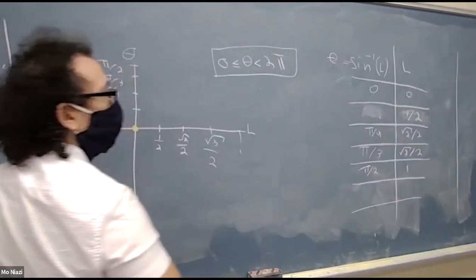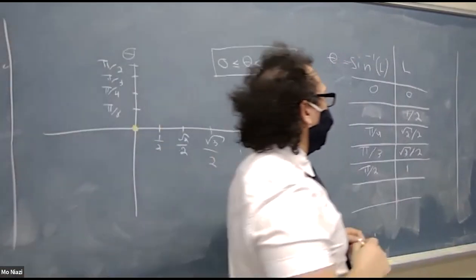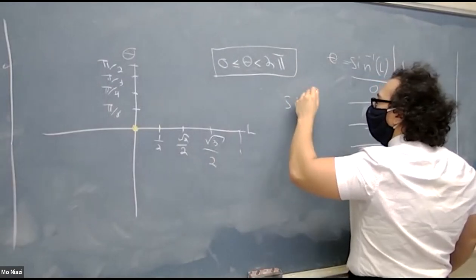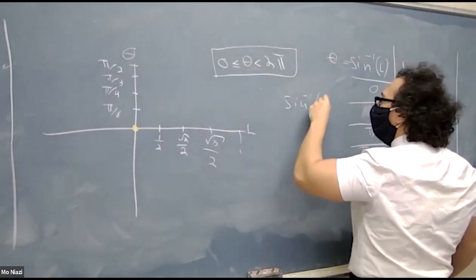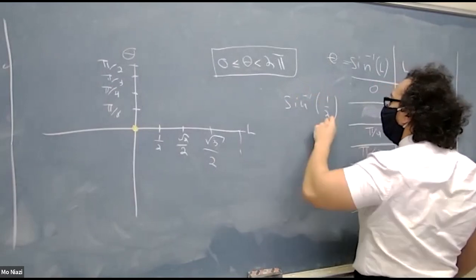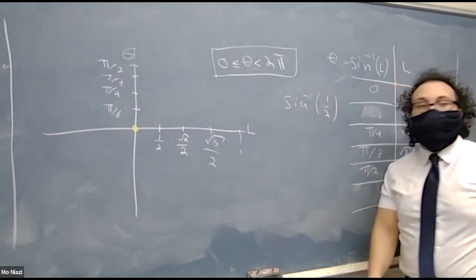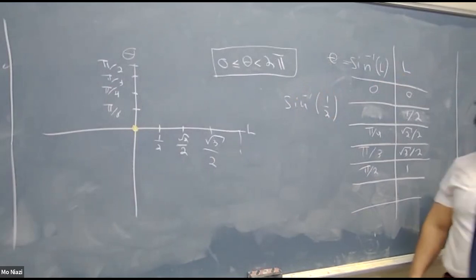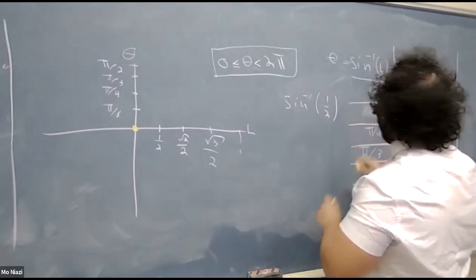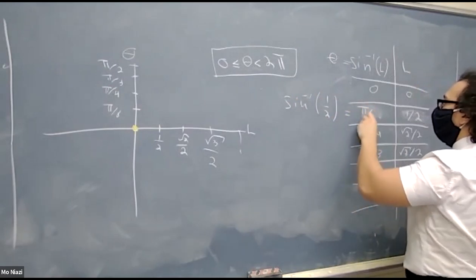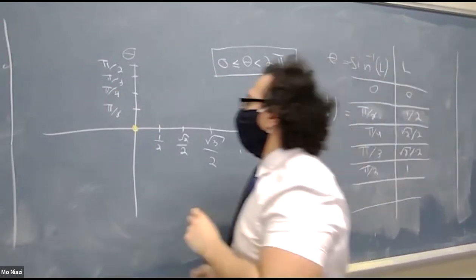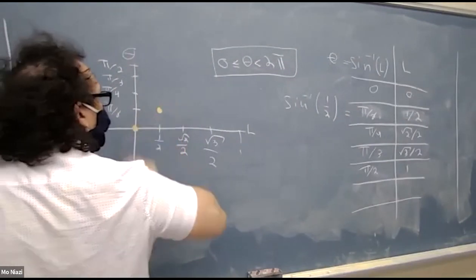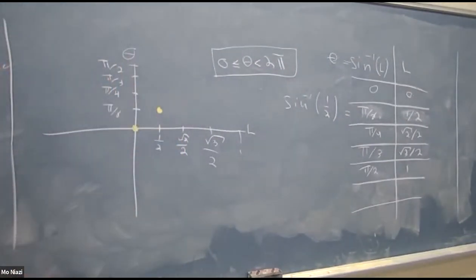Then we go to 1/2. What is the angle output? Yes, sine inverse of 1/2 is pi over 6. So at 1/2 it's outputting pi over 6. At root 2 over 2, what is it outputting?